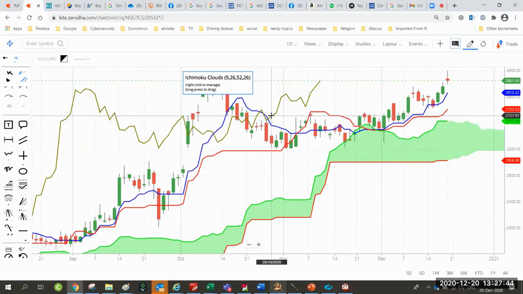So this is the date on which you can buy the stock. So it has gone into a buy signal on the 1st of December.